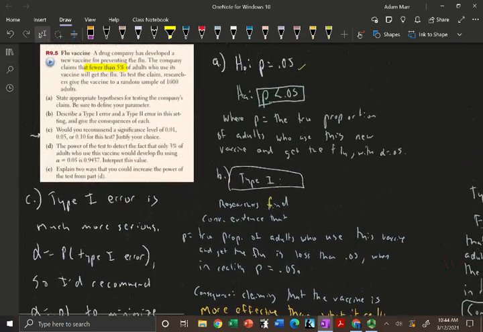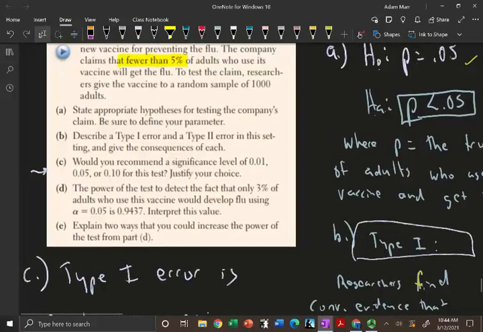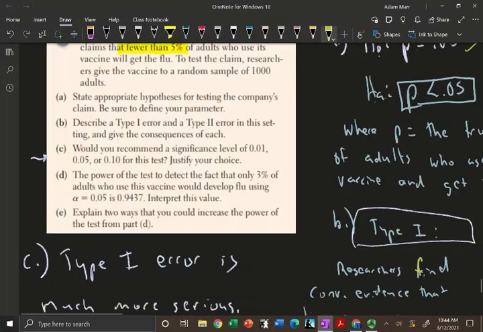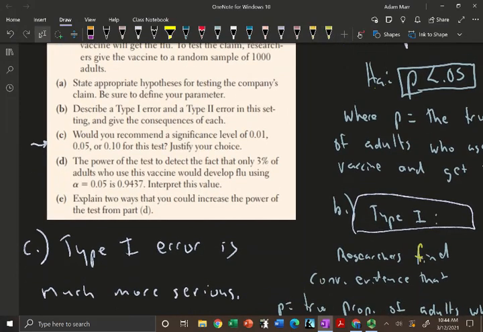Okay, part C. Would you recommend a significance level of 0.01, 0.05, or 0.10 for this test? Well, we said that the type 1 error is much more serious, right? Because that could lead to lawsuits and everything. So how could I make it less likely for a type 1 error? Remember, alpha is the probability of a type 1 error.